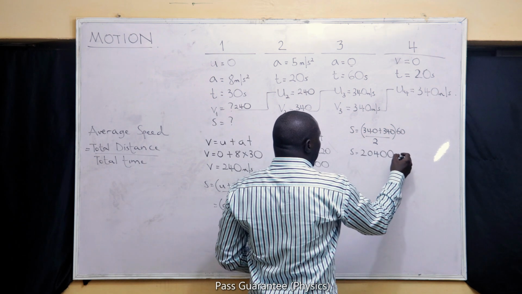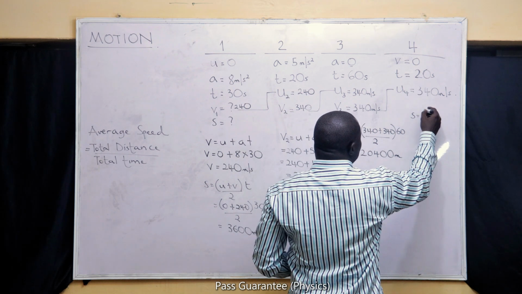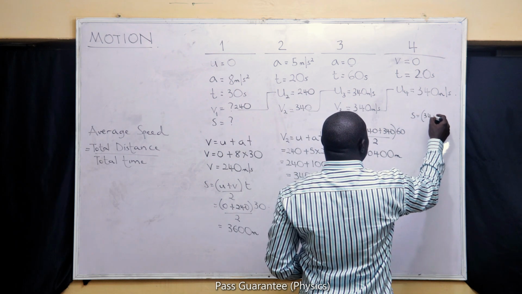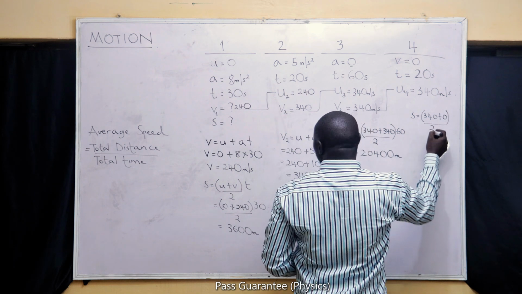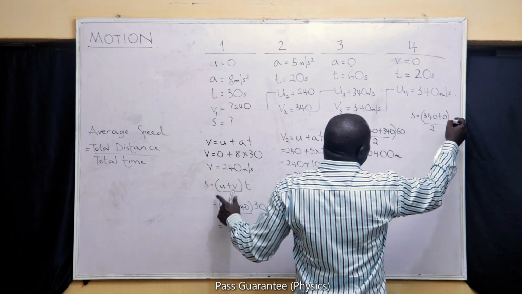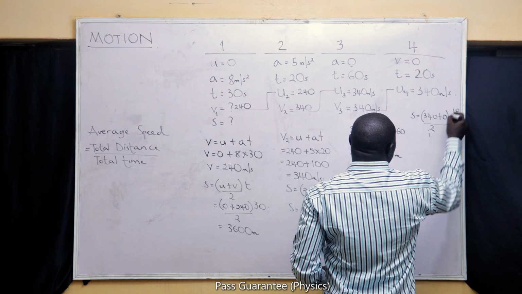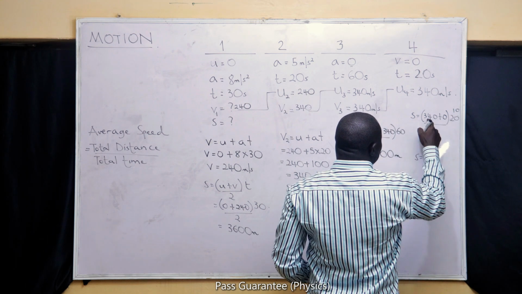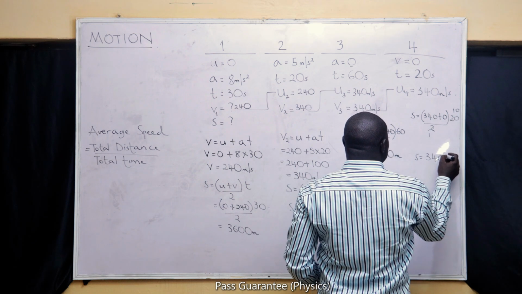For the fourth part, my u is 340, my v is 0, I'll divide it by 2, still using this formula. The time is 20, so half of that is 10. So the distance must be 340 plus 0, 340 times 10, that's 3,400 meters.